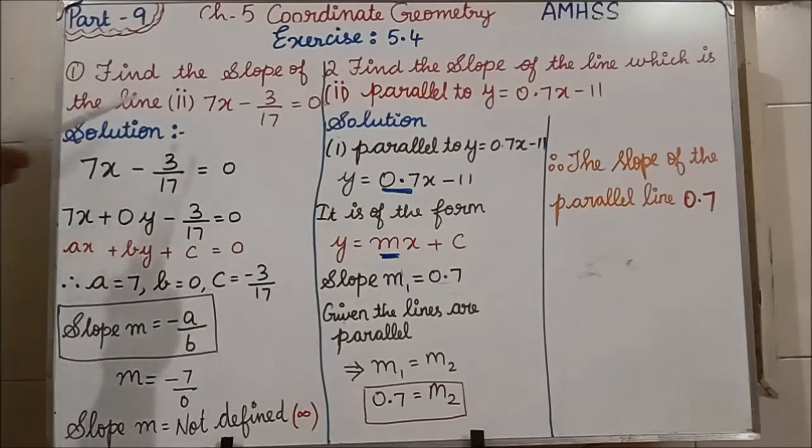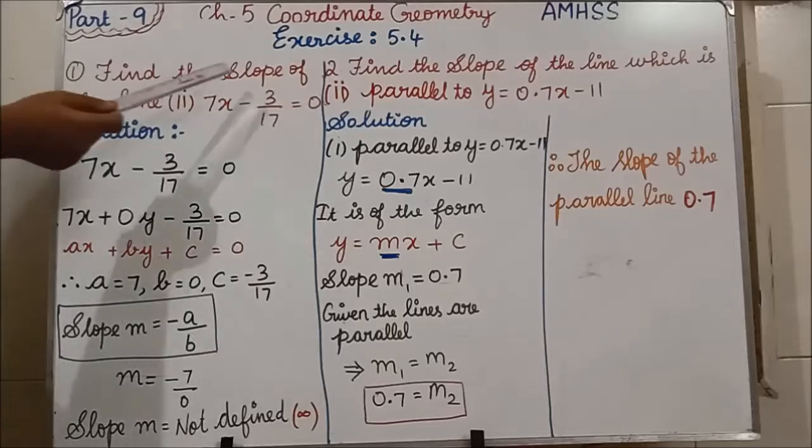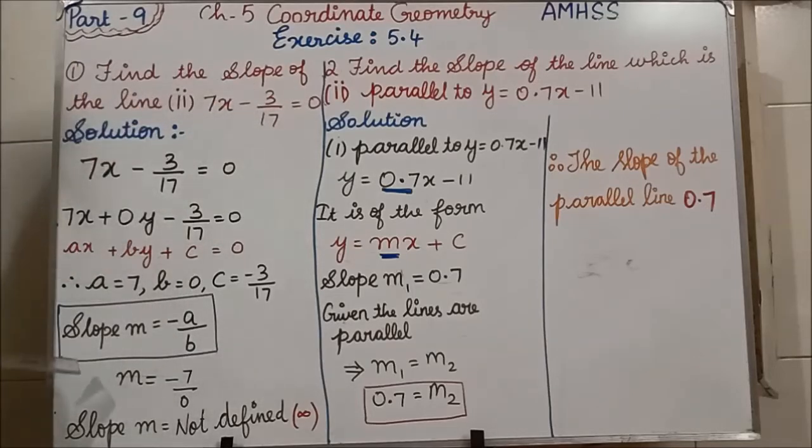Clear? When the equation is given and they ask us to find the slope, the formula is slope m equal to minus a by b. The other way is minus coefficient of x divided by coefficient of y. We can write it in either of the two ways.